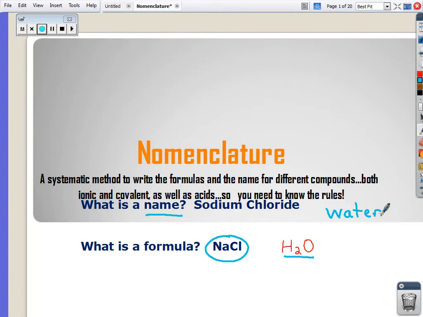To differentiate between things, a name is words that name something. And a formula shows chemical element symbols written in a pattern, and sometimes there are subscripts, and sometimes there aren't. If I tell you H2O, there's really a 1 there, but we don't write that. So a formula is chemical symbols, and a name is just a name.